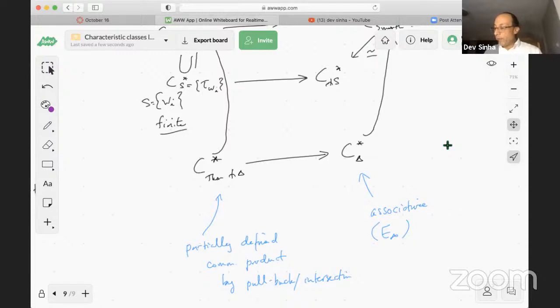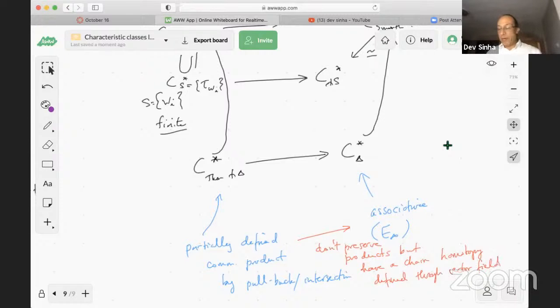but this map doesn't preserve products. But the neat thing is, we have a chain homotopy defined through vector field flows, some particular vector fields that arise from, again, I make it a cubical structure here, flows, which relates these: commutative but partially defined on one side, to only associative but E infinity on the other.